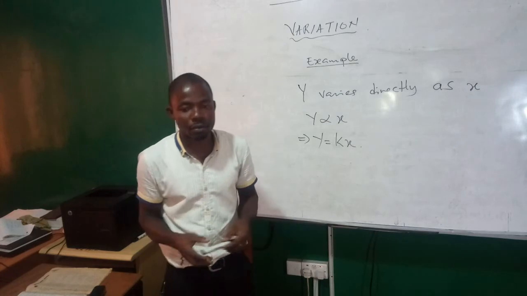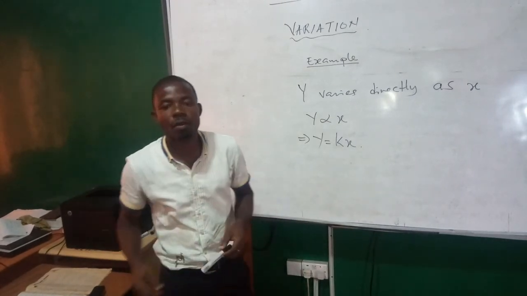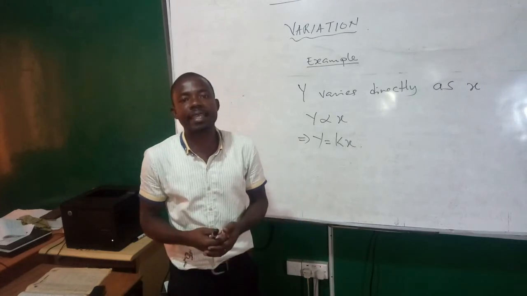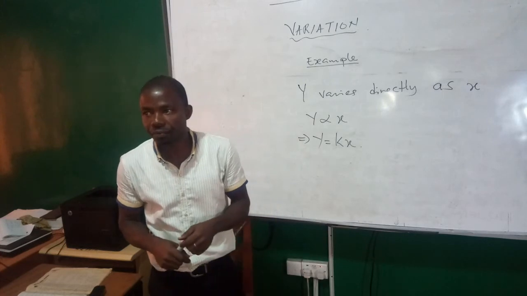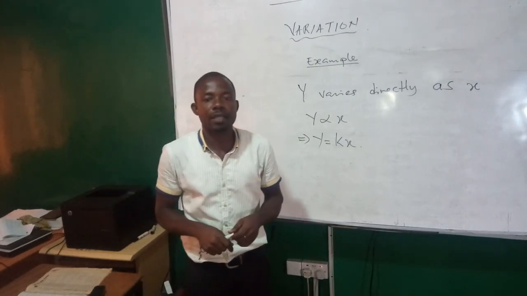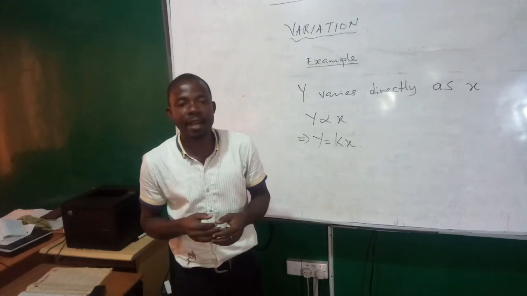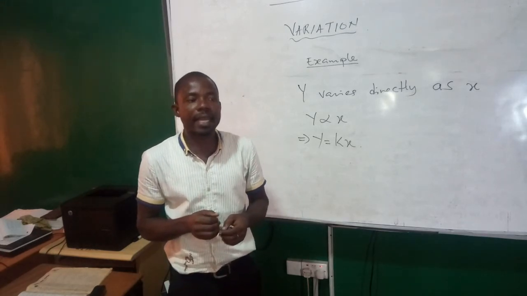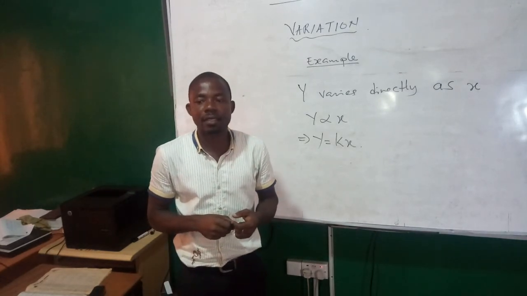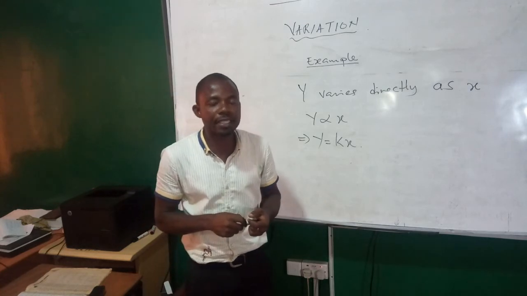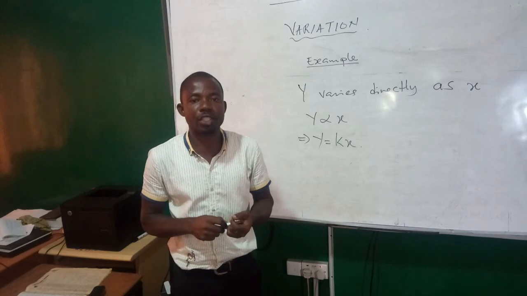We gave examples. We also looked at the types, and we said we have 4 types. The first one being the direct or the linear. The second one, the indirect or the inverse. Number 3, we have the joint. And number 4, we have the partial variation.